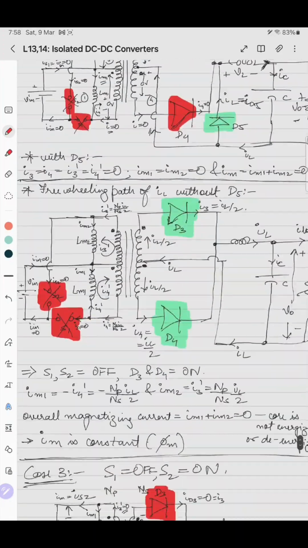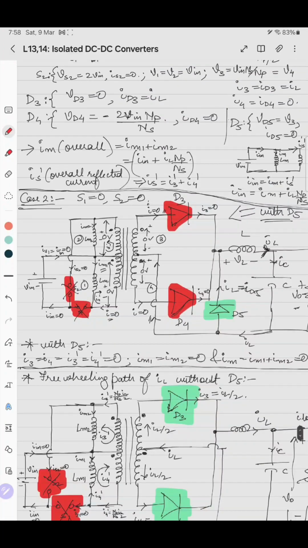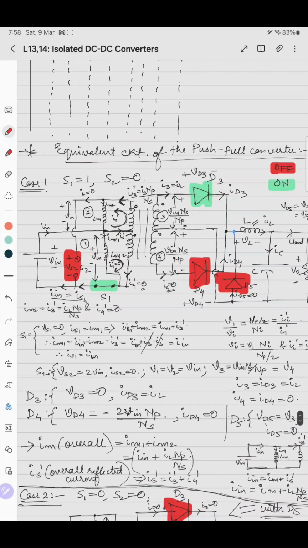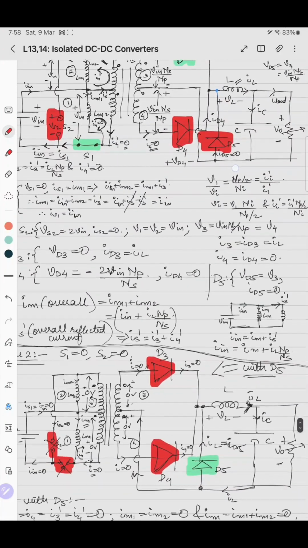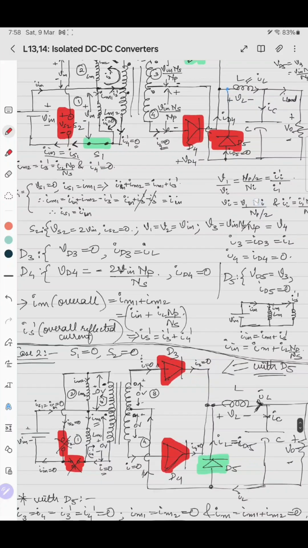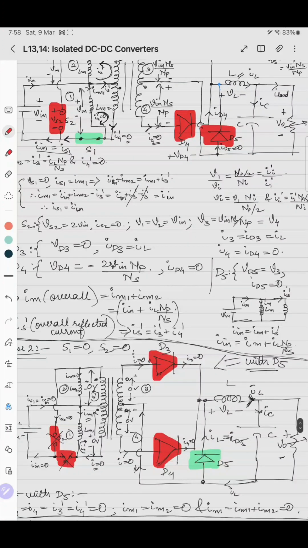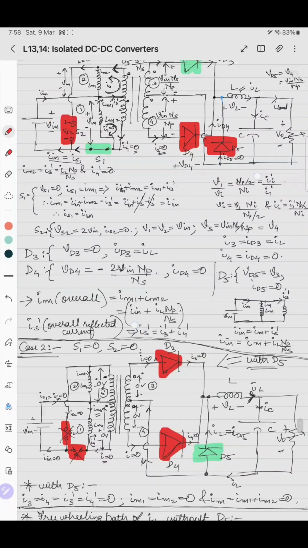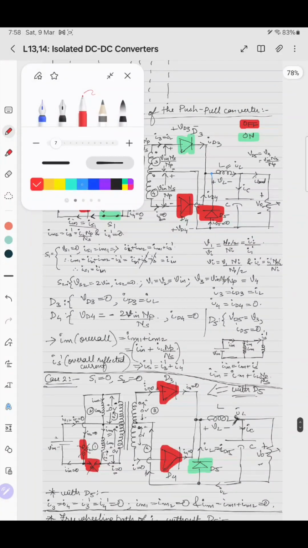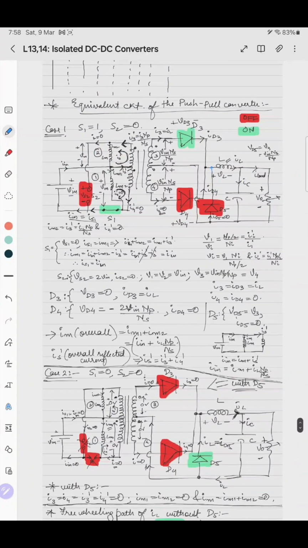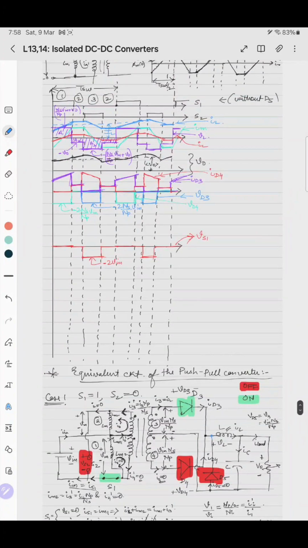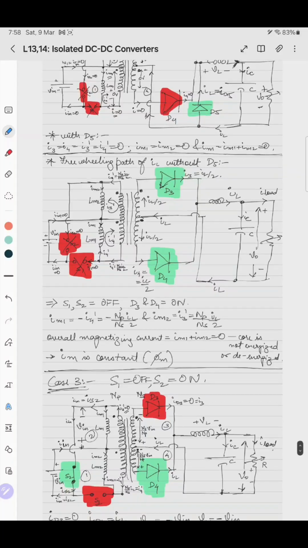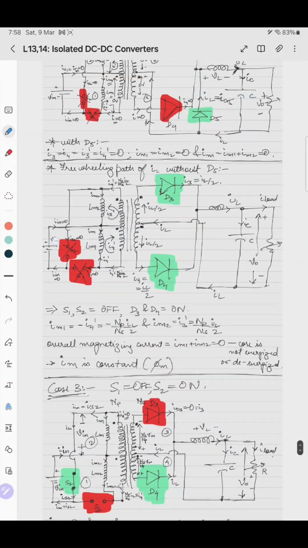Then we'll draw IS1. Case 1, IS1 was what? That is IM plus IL into NS by NP. In second case the current is 0.